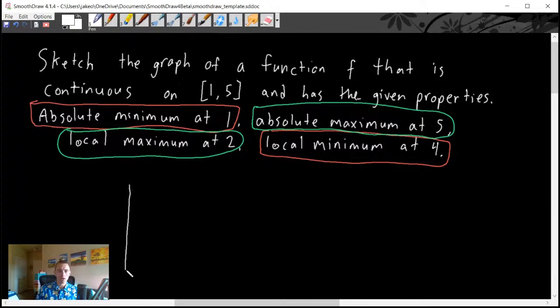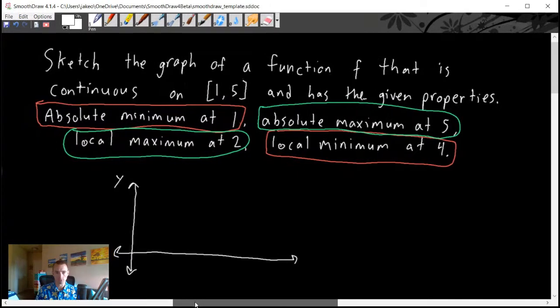So we don't really know anything about exactly the height of this function. We don't have any information on y values of this function. So it's really kind of arbitrary where we want to put our y-axis in relation to our function. So I'm going to go ahead and just put the whole function above the x-axis, which again is just an arbitrary decision.